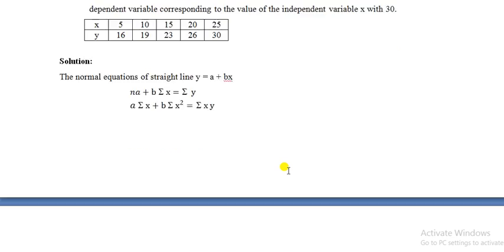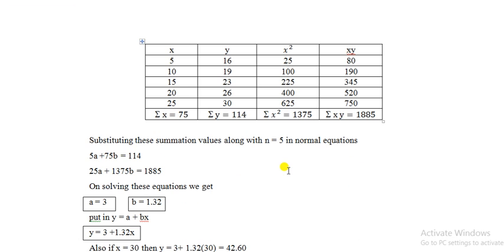Now we prepare the table: x, y, x square and xy. Follow the procedure of the above example and find the values of summation of x, y, x square and xy along with n equal to 5. Then use all these values in the normal equations.